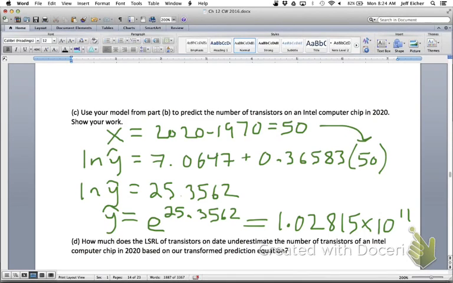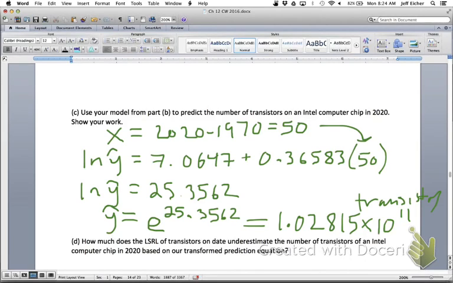And that's the number of transistors, which, if my scientific notation's right, would be about 102.8 billion transistors.